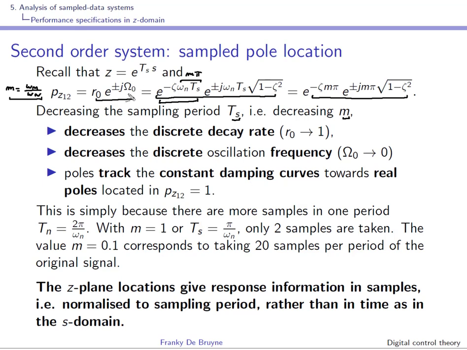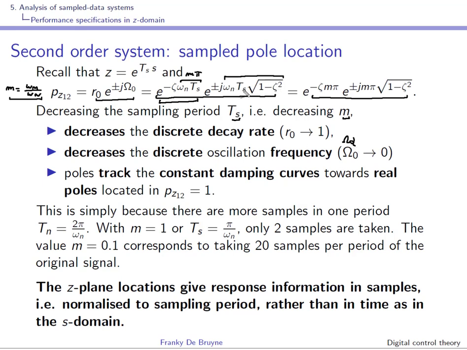And here the discrete frequency that is given over here, right? Well, this is the equivalent frequency to the damped frequency, but in discrete time. So it's the discrete damped frequency. We could write it like this.